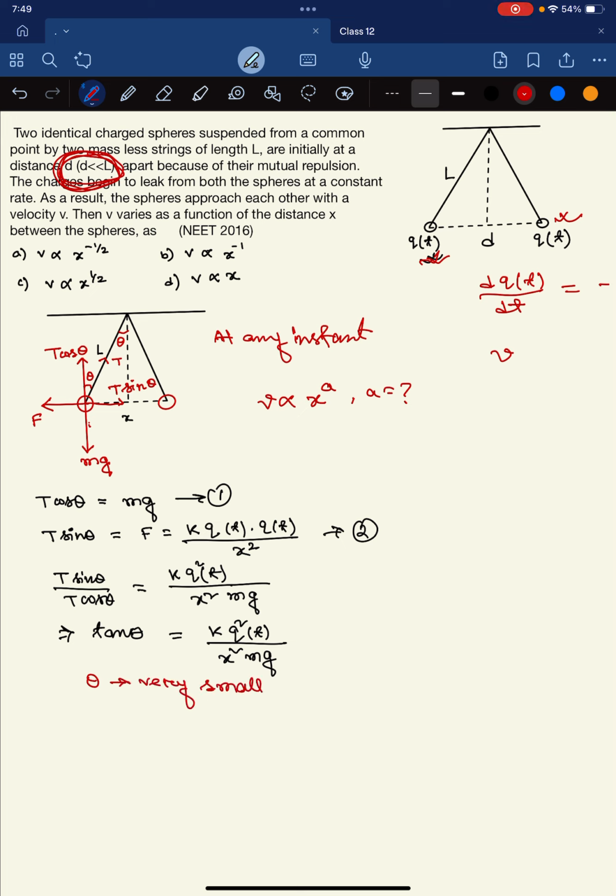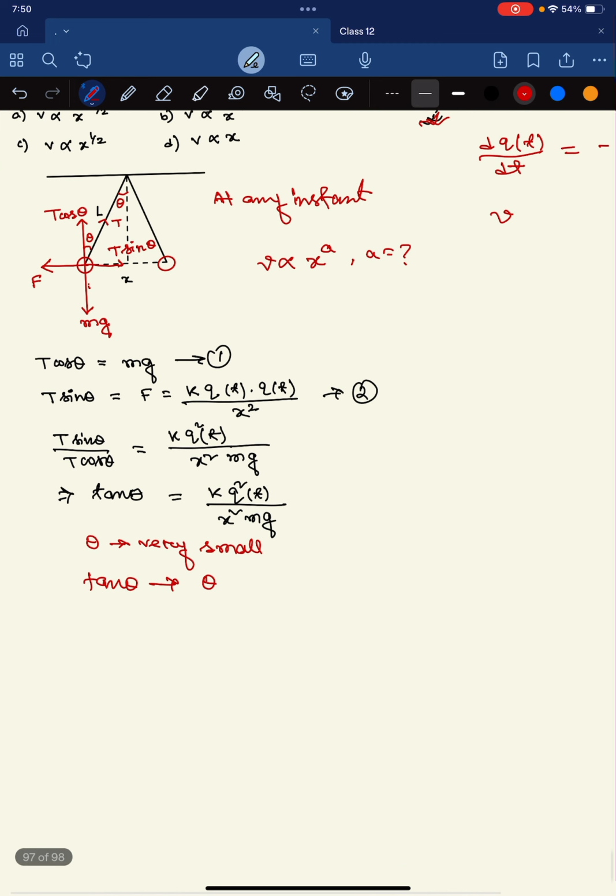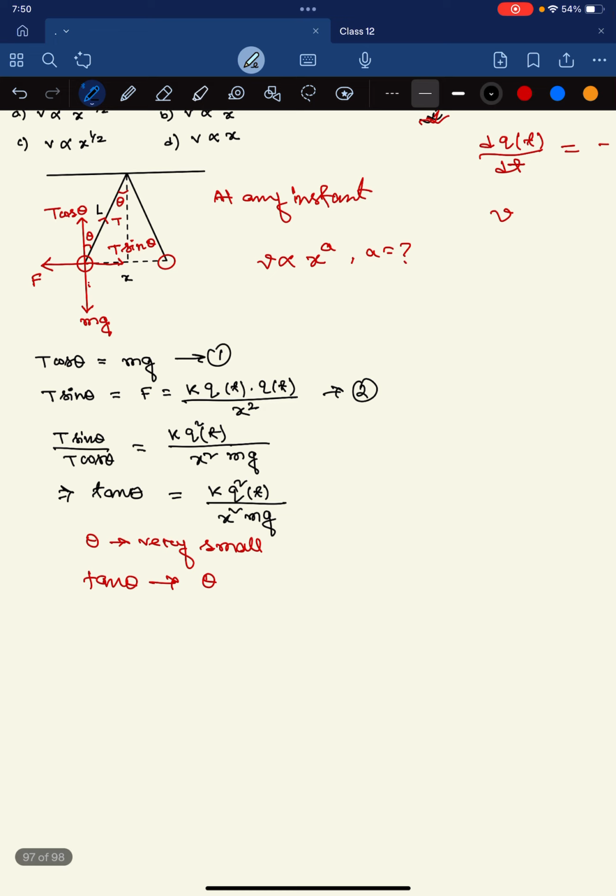If theta is very small, I can write tan theta is close to theta, and I will use this fact. So I will write theta equal to k q square by x square mg.